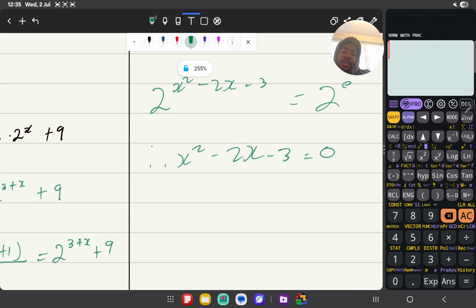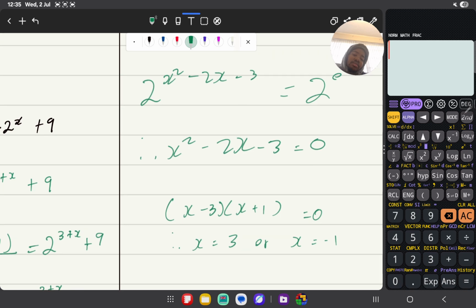And then here it's just your two brackets, x minus 3, x plus 1, equals 0, and therefore x equals 3 or x equals minus 1.